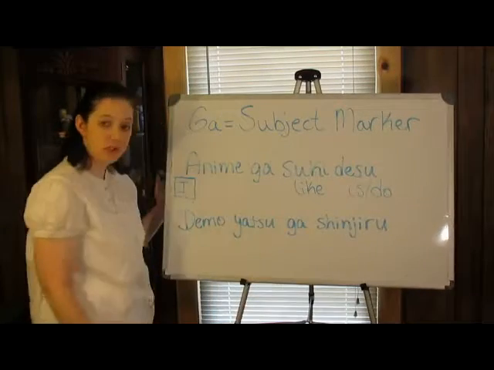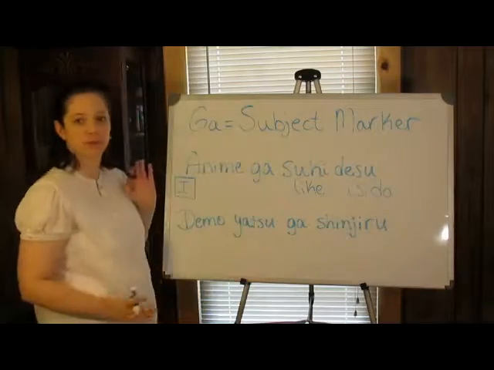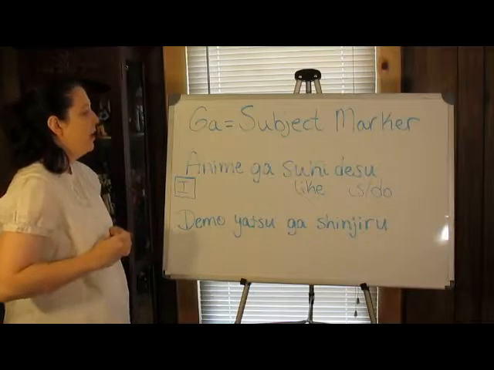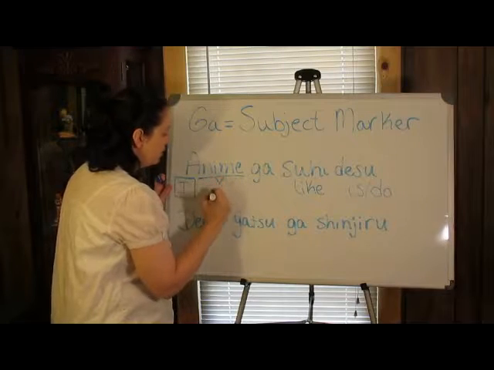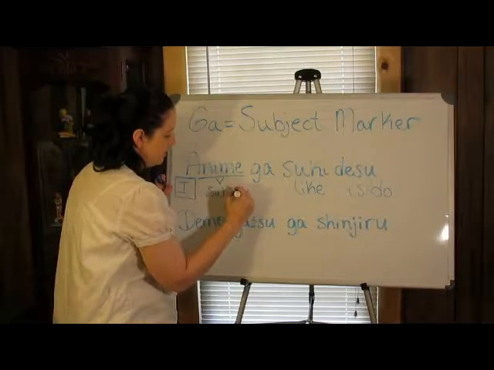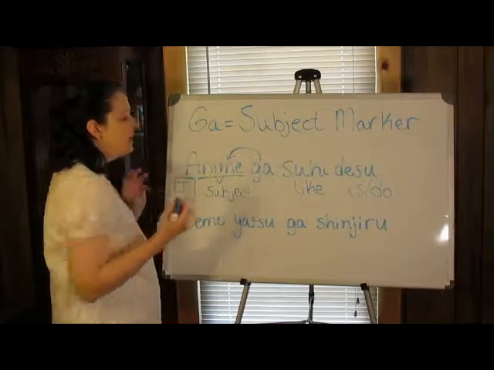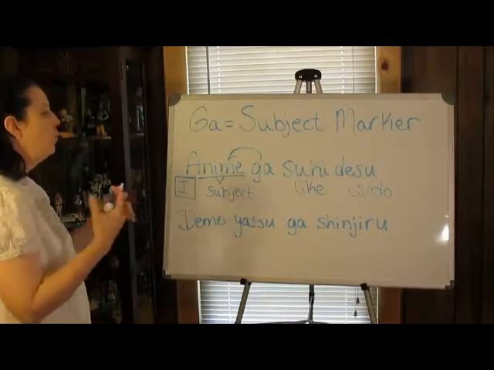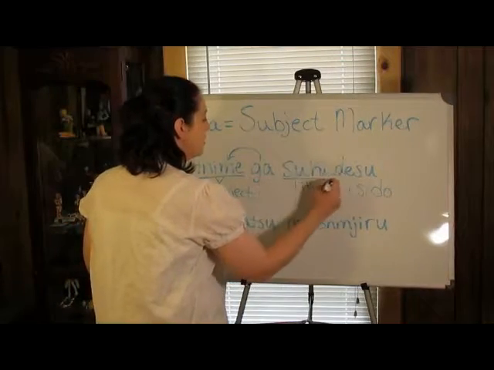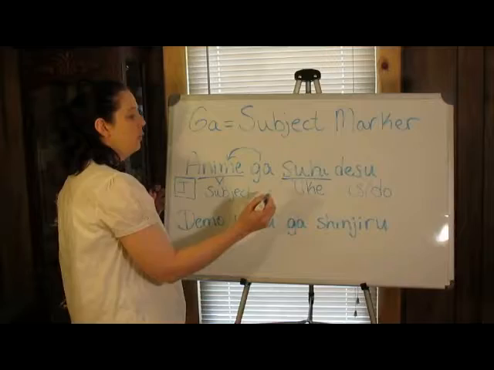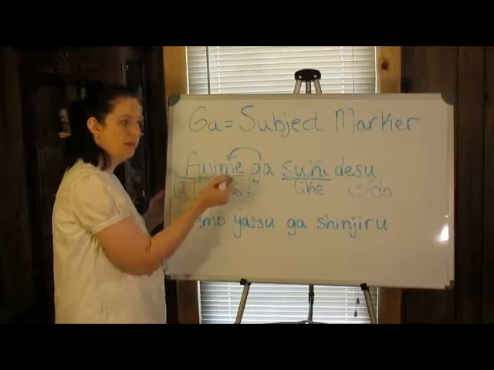You can kind of think of it as do right here. So I anime like do. Okay? The anime right here, this is your subject. And it is marked by the particle ga. It is telling you what is receiving the action of the verb. The verb in this sentence is like. So what is receiving liking? Oh, well, anime is receiving liking.